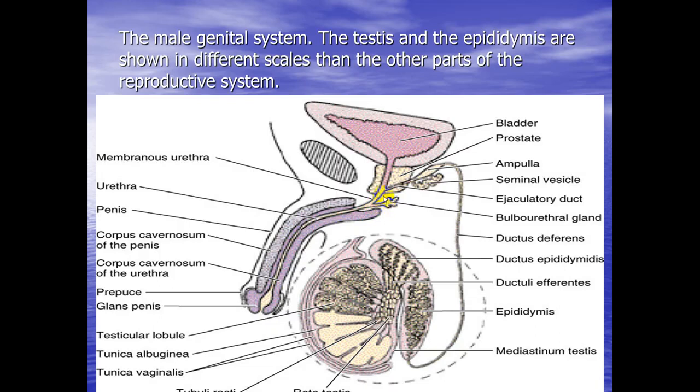We call these structures glands, but in reality, the seminal vesicles are a highly coiled outgrowth of the ductus deferens, located in the tunica mucosa and tunica muscularis of the ductus deferens.